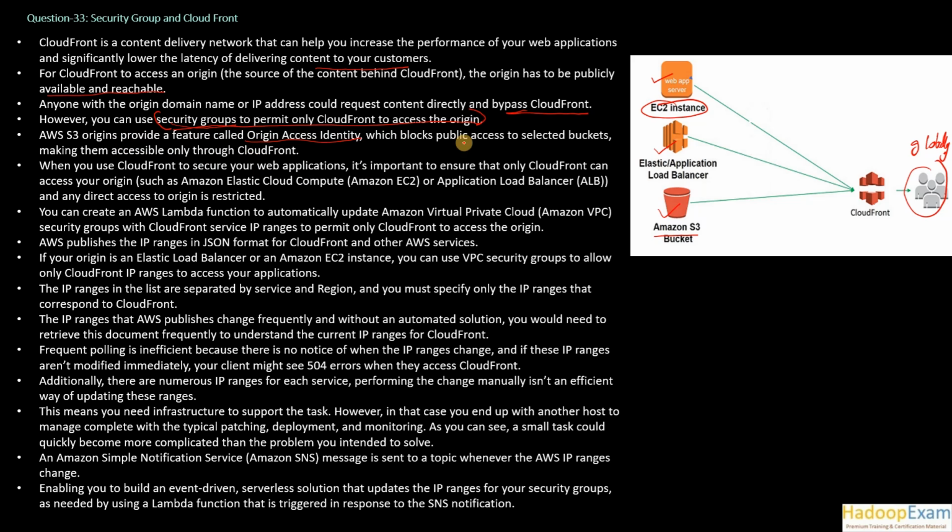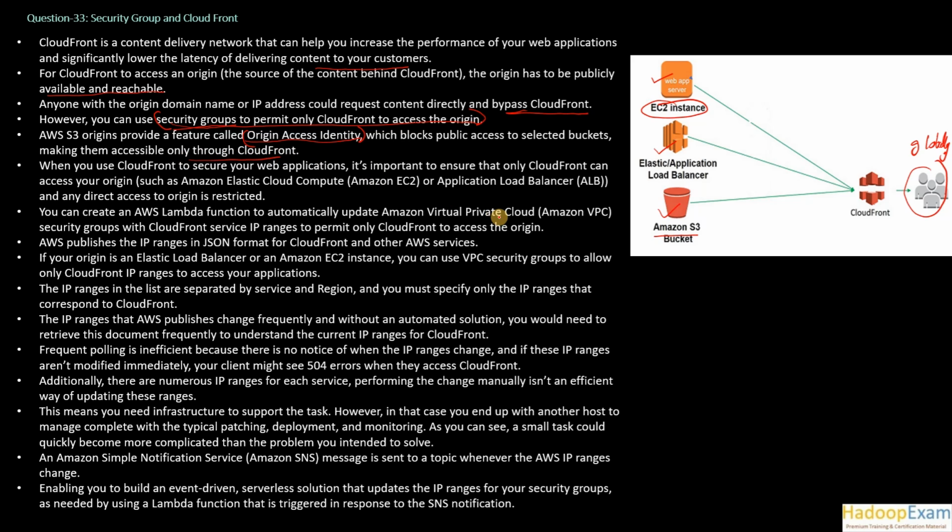Another option, if you have hosted in an S3 bucket, is origin access identity. It blocks public access to selected buckets and makes them accessible only through CloudFront.